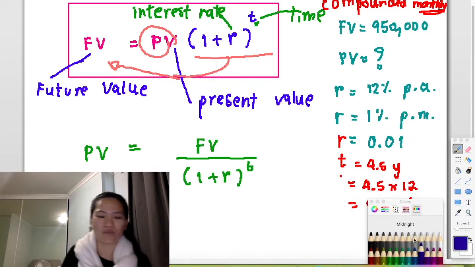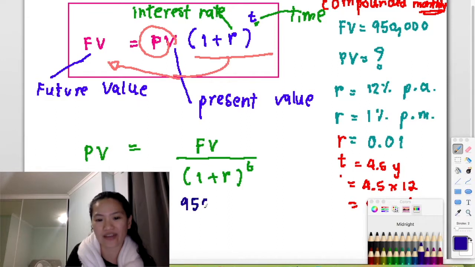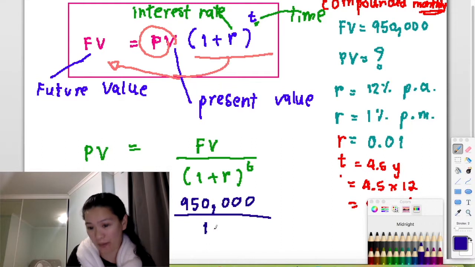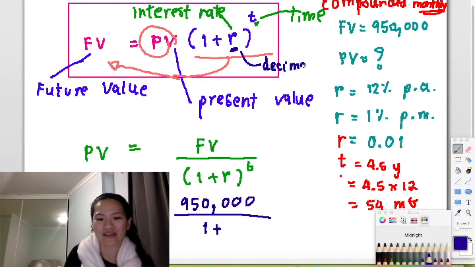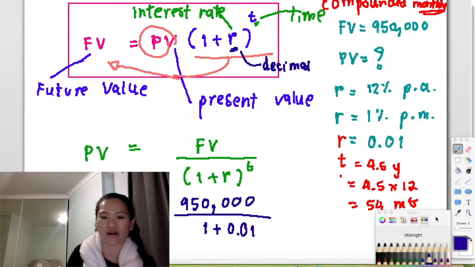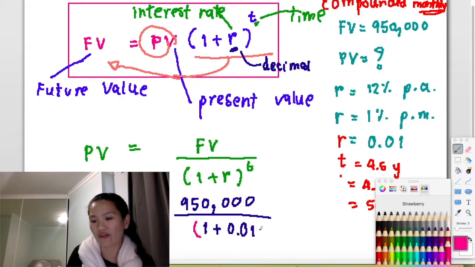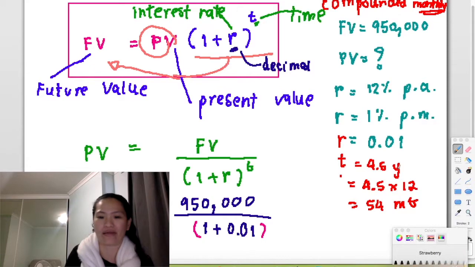Okay, now you just substitute what we have. We know that FV equals 950,000, divided by (1 plus r). R per month is 1% per month, or 0.01. Tricky as well. Here you have to make R a decimal. Okay? 0.01, and all of it to the power of 4.5 years, which equals 54 months. 54 here.